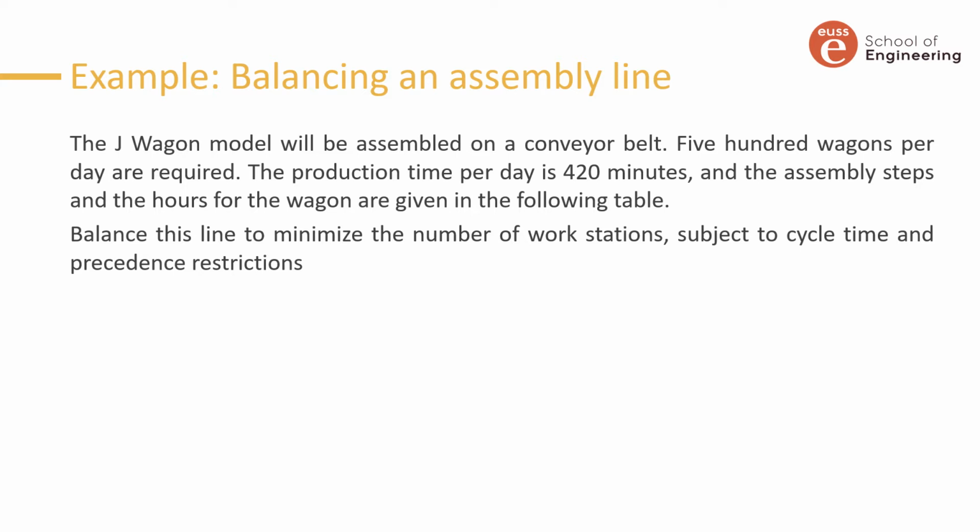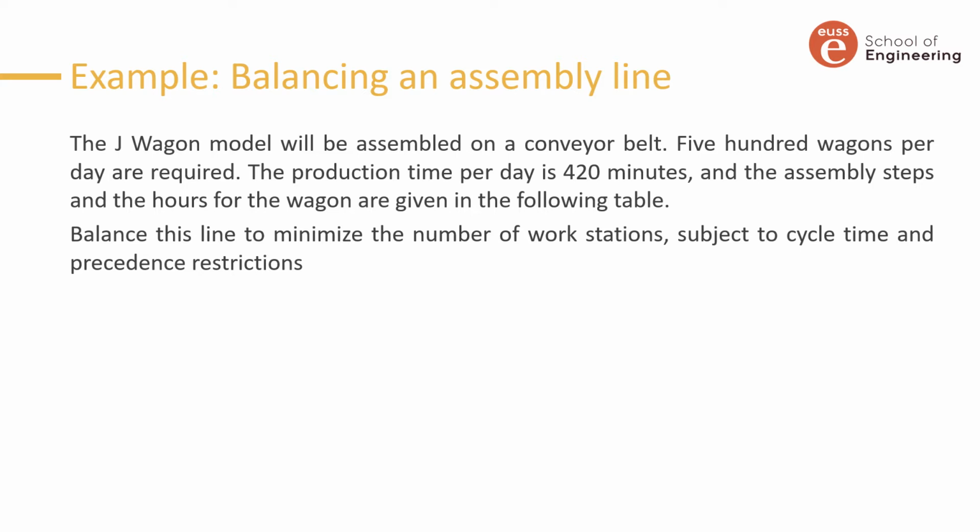Balance this line to minimize the number of workstations subject to cycle time and precedence restriction. So, guys, always we want to minimize the number of workstations if it's possible. Why? Because mathematically, remember the previous formula. In the efficiency, when we have the actual number, the real number of stations, if it's smaller, the efficiency will be bigger.